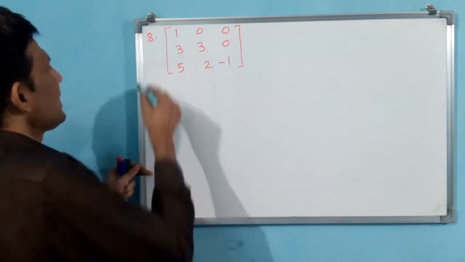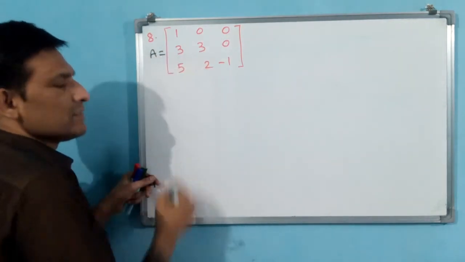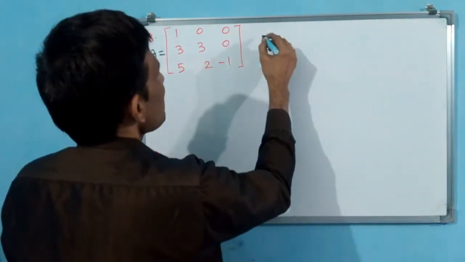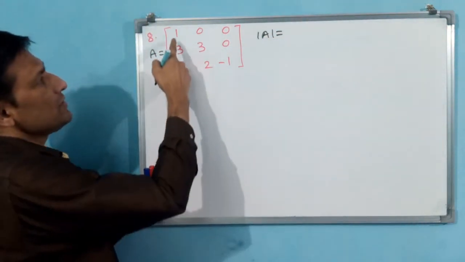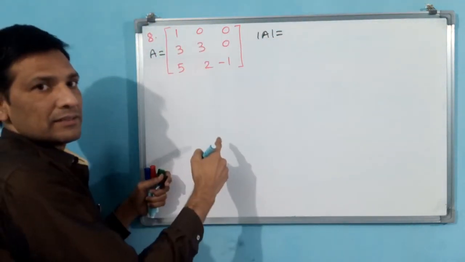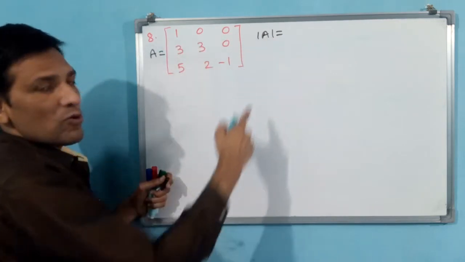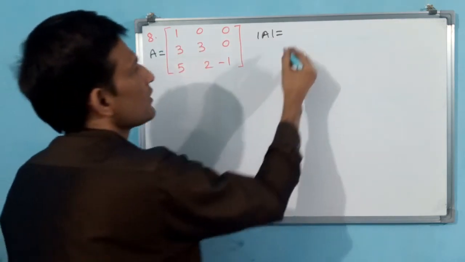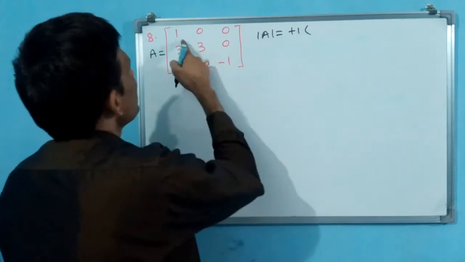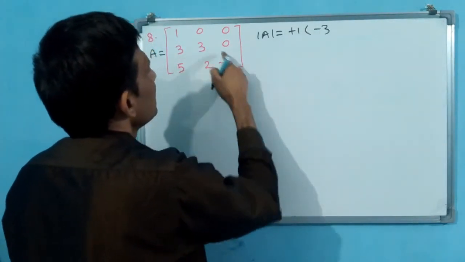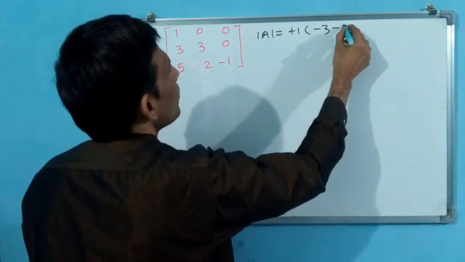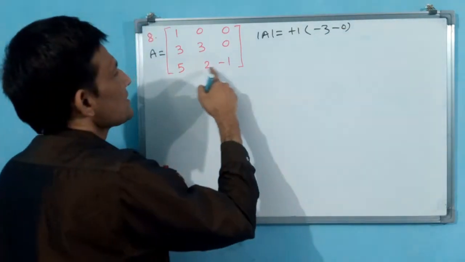Okay. See, write down this is A. Let A is equal to this, and you find determinant A. Finding determinant A is easy here. Why? Because here 2 zeros are there. Then you find by row 1. With one step it will come. Plus 1 into, closing row and column, minus 3, minus 0.